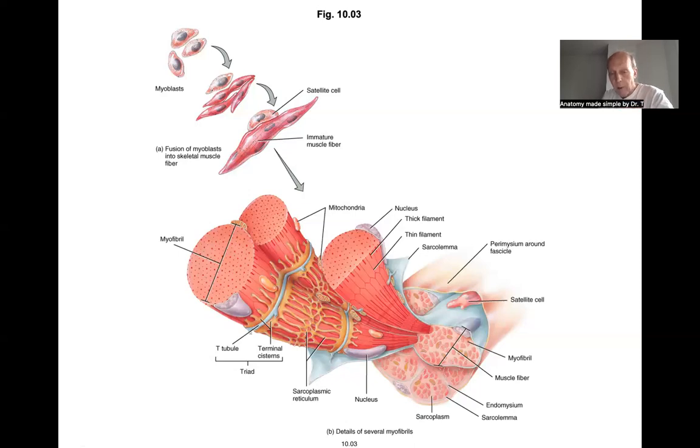What do we have here in the vicinity of an individual myofibril? You see here a set of very irregular-looking yellow-colored tubular structures that appear to be quite large in the vicinity of the Z disc.